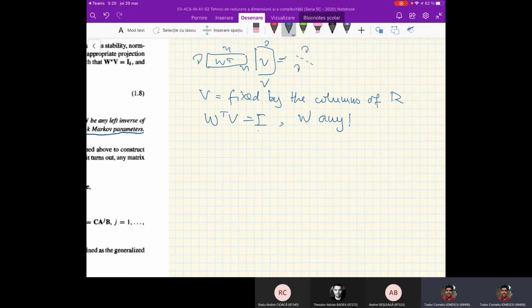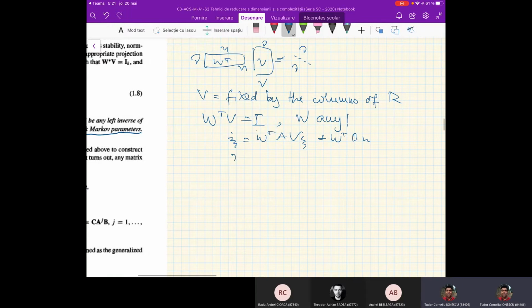So you can say that this system is psi dot equals W transposed A V psi plus W transposed B u, and y or eta is C V psi.